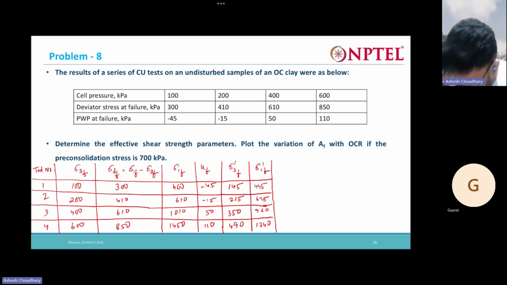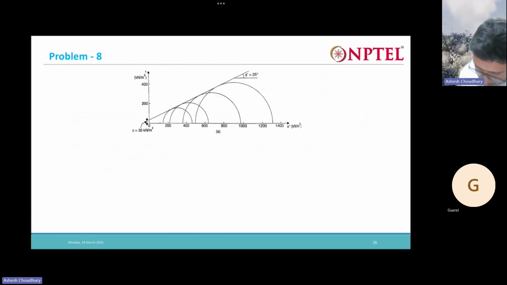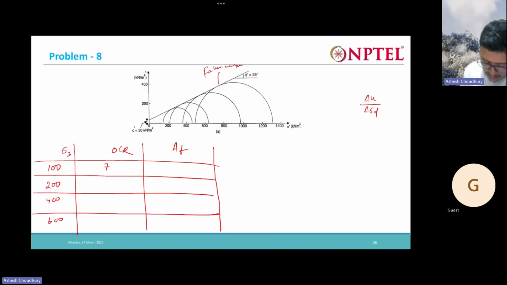The pre-consolidation stress is 700 kPa, so 700 divided by 100 is 7, 700 divided by 200 is 3.5, 700 divided by 400 is 1.75, and 700 divided by 600 is 1.2. So this is my over consolidation ratio.